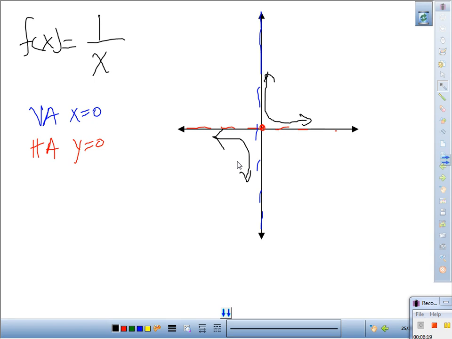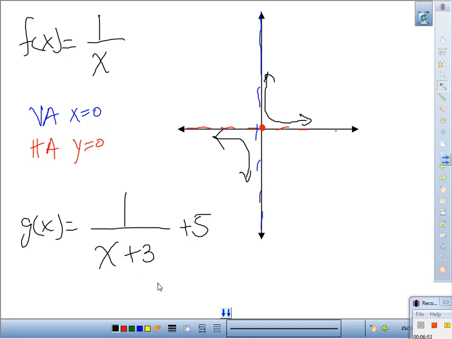Now, the only thing that's going to change is that these two are going to move either up, down, left, or right, depending on the transformation of the rational. For example, if I gave you this, if we were to set it equal to 0, what would be our vertical asymptote? -3, which means if it's -3, it's going to move the entire function 3 steps to the left.